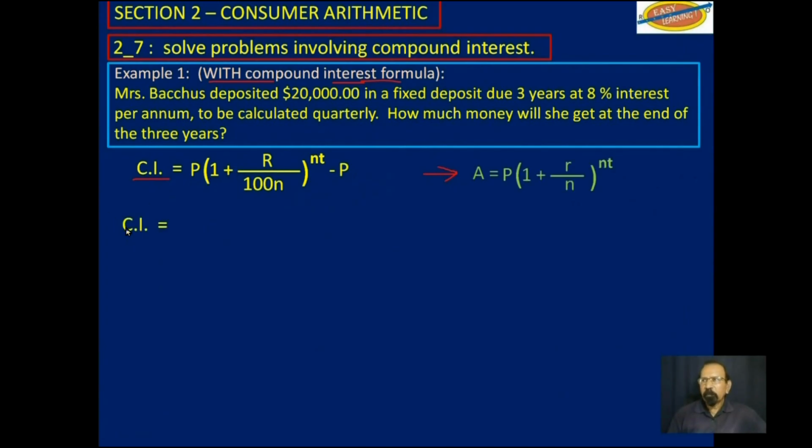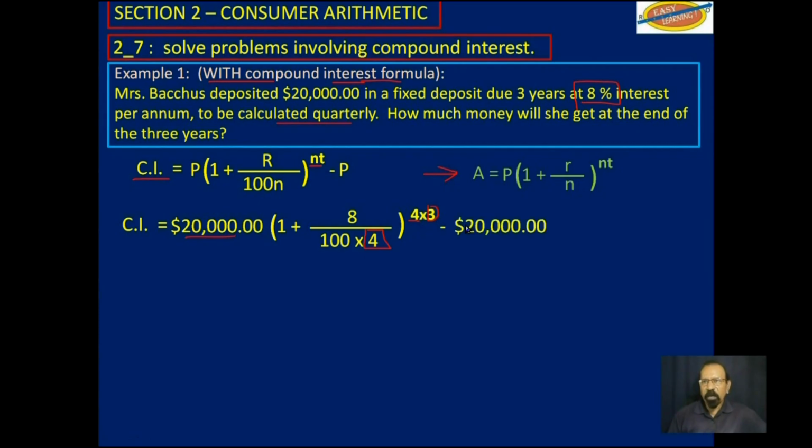So compound interest is equal to the principal, which is 20,000, multiplied by (1 plus R, which is 8% annual interest in percentage, over 100 times N). Since it is to be calculated quarterly, N will be 4 times per year, close bracket, and then this index here will be 4 times 3. How many times it is to be calculated per year and how many years. And after you do all of that, you will subtract the principal.